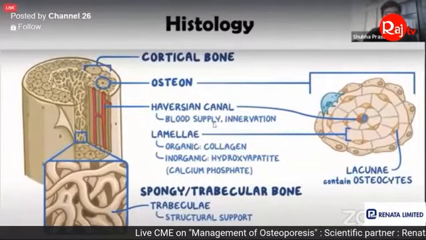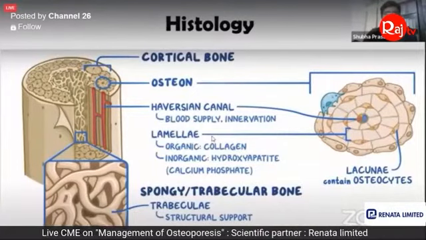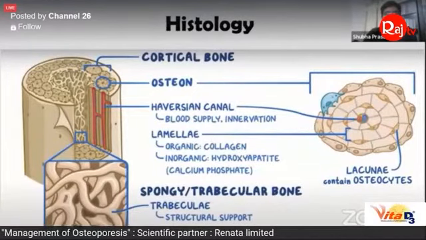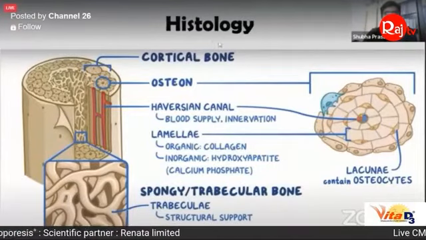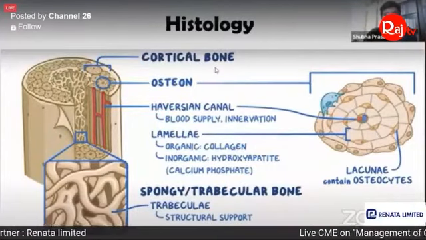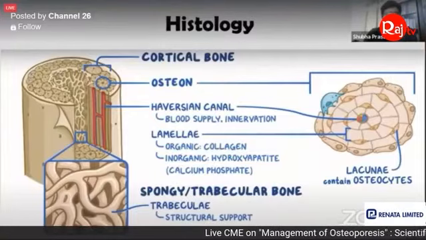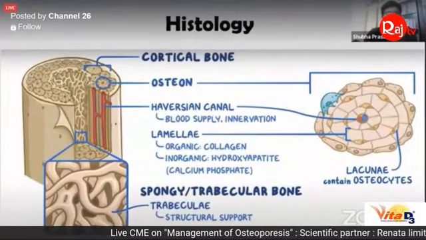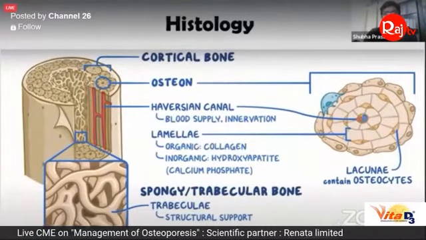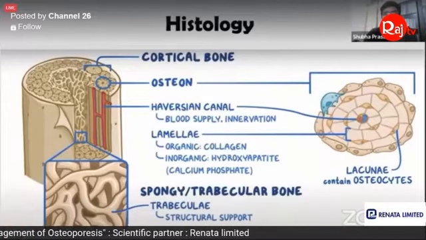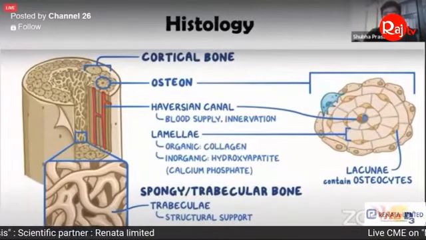The cortical bone is made of many pipe-like units called osteons, which run through the bone, and in the center of the osteon there is a hollow space called the Haversian canal.